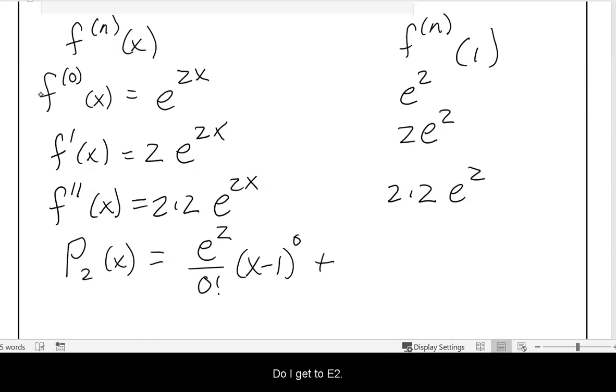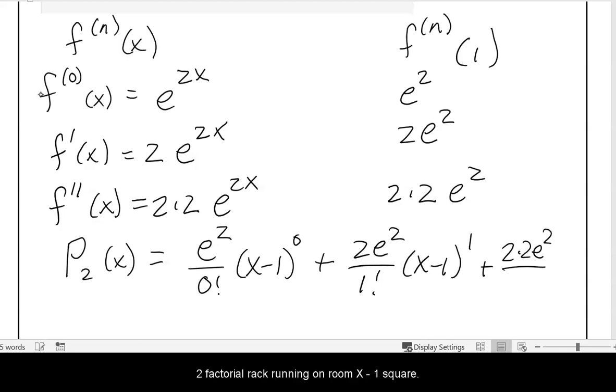So I get 2e squared over 1 factorial times x minus the center to the first. And the next term is going to be the 2 times 2e squared over 2 factorial, running out of room, x minus 1 squared.